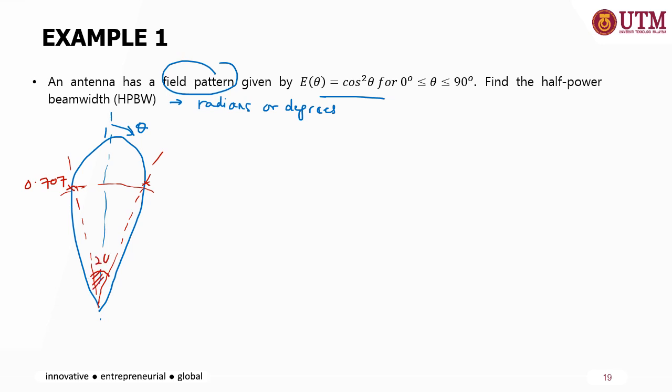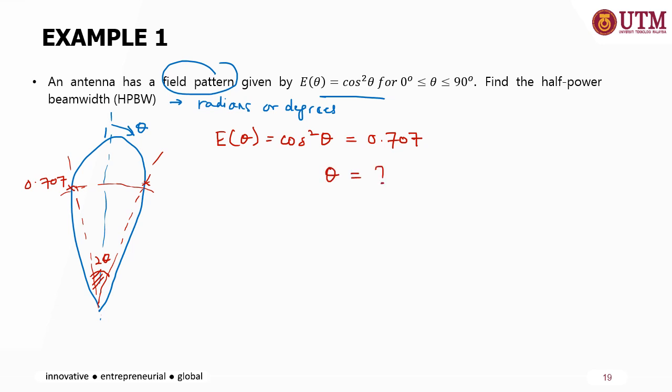This is equal to 2 theta. You are given the field pattern equation, E theta equal to cos theta, and the half power beamwidth for the linear field pattern is equal to 0.707. So you need to calculate theta.